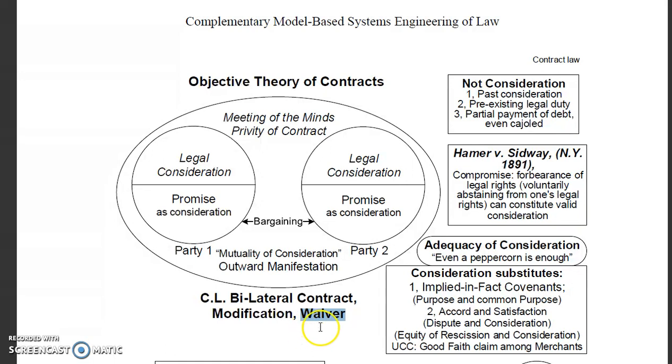And the notes here indicate that to make either a modification or a waiver, this objective theory of contracts must apply to the waiver or the modification. In other words, in order for a valid waiver to be made, that consideration given by one party must be balanced out or matched by mutual consideration by the second party.